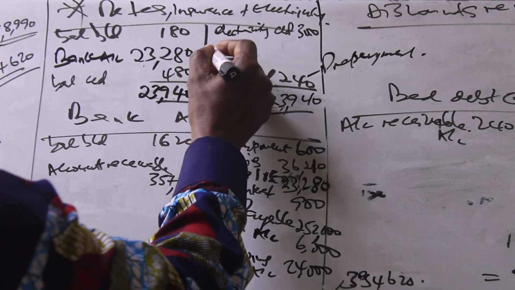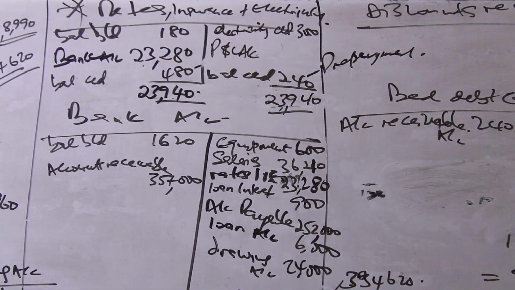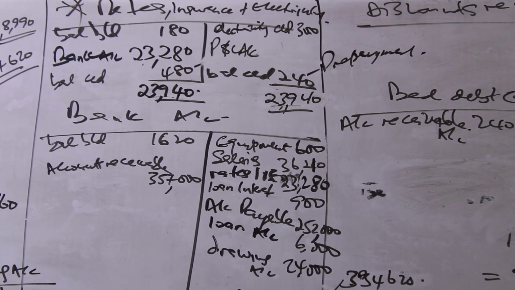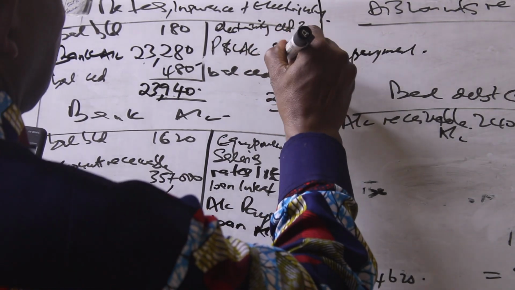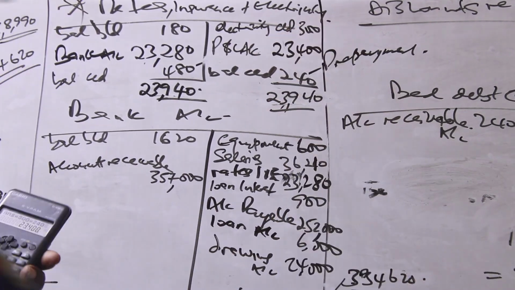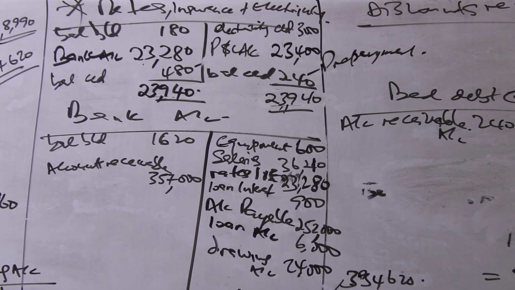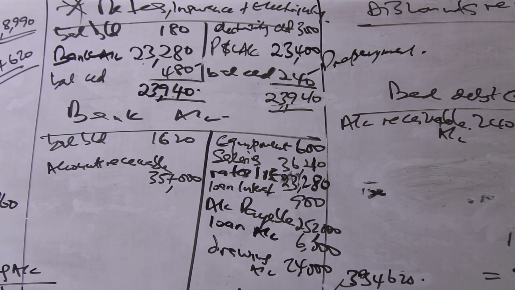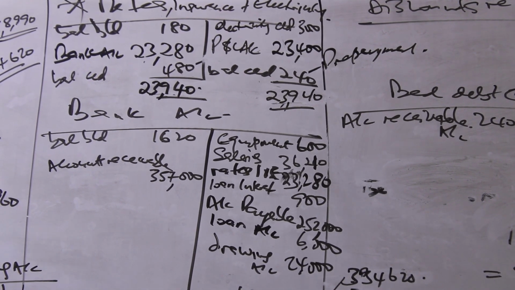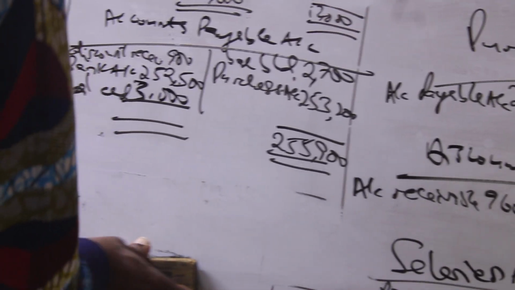And therefore, what we are taking to P&L as an expense, minus 300 minus 240, we take a figure of 23,400 in the income statement as an expense of rates, insurance, and electricity. So we can actually remove this.